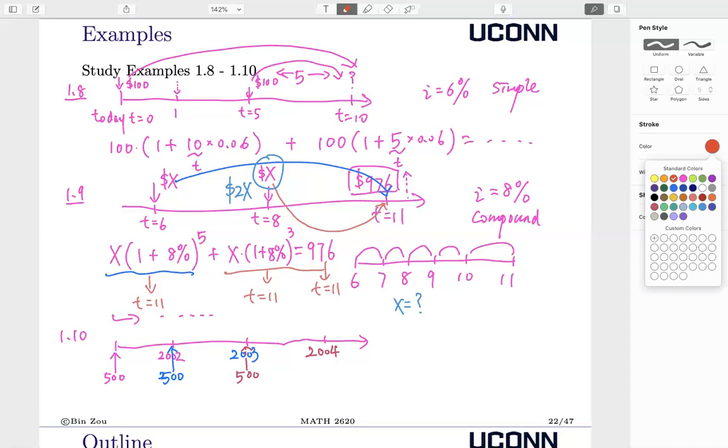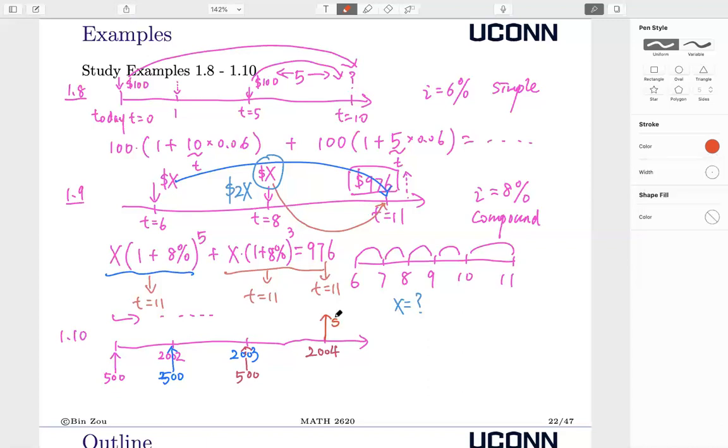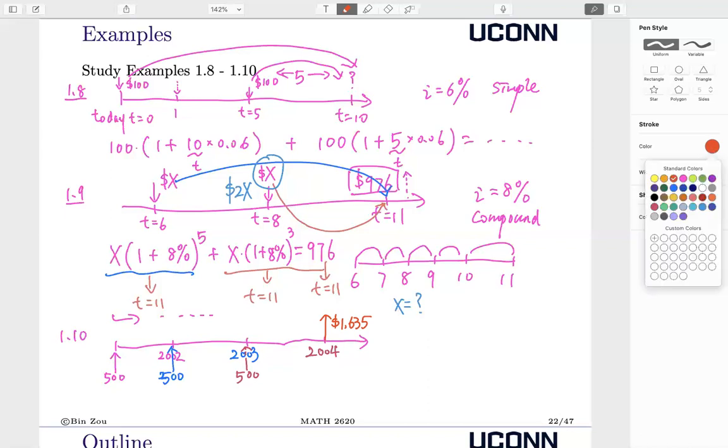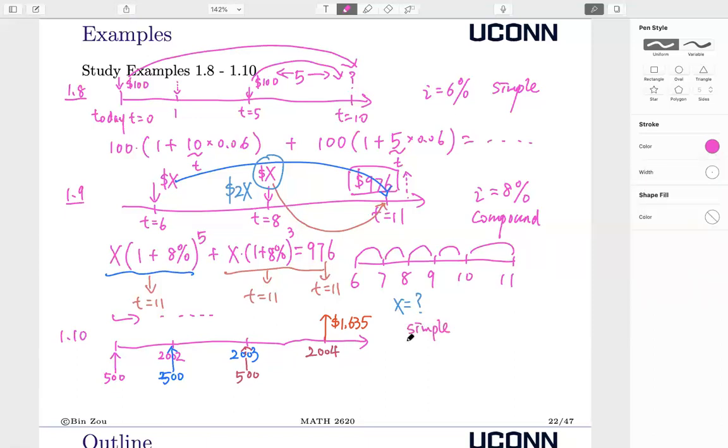At the end of 2004, the accumulated value, so let's say I withdraw, I will be getting 1,635. So here are all the notations. Maybe I should pick a more contrasting color for the final one, but anyway, that's the setup. I want to know the simple interest rate. By the way, the value accumulates at a simple interest rate, I just don't know at what rate.